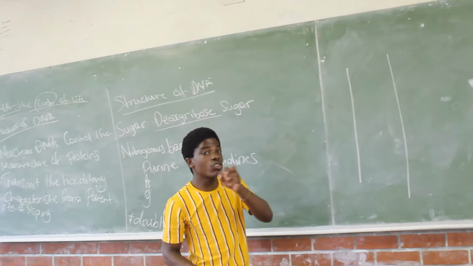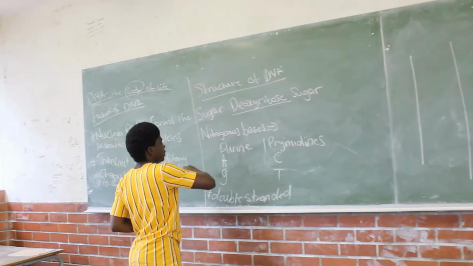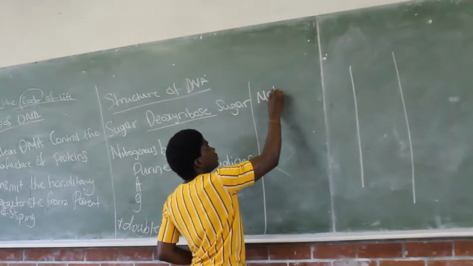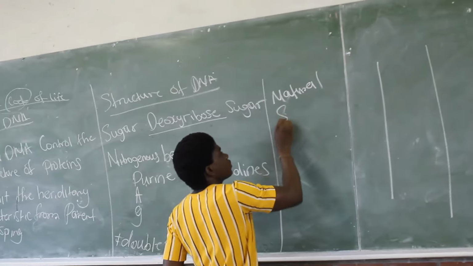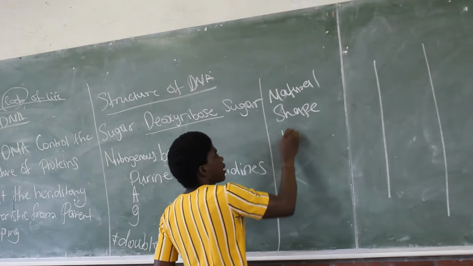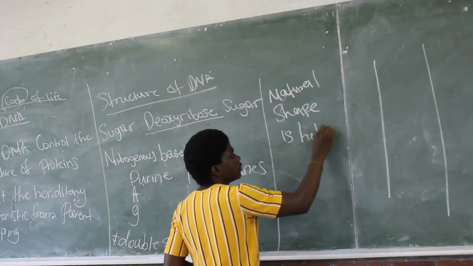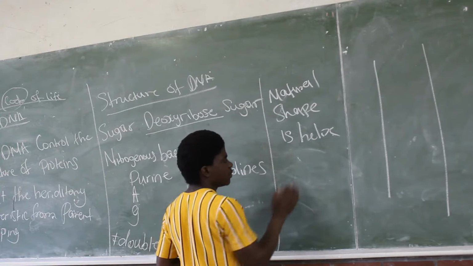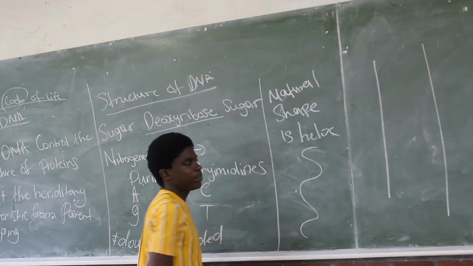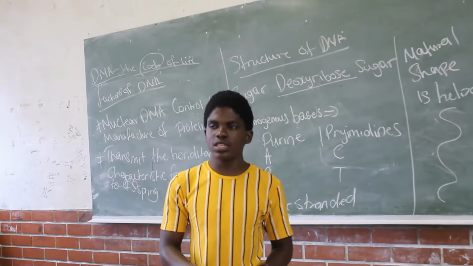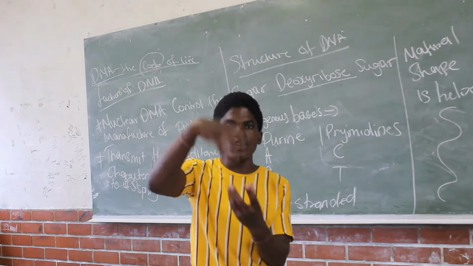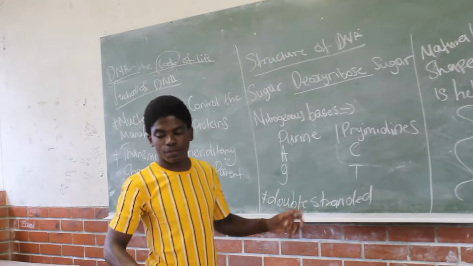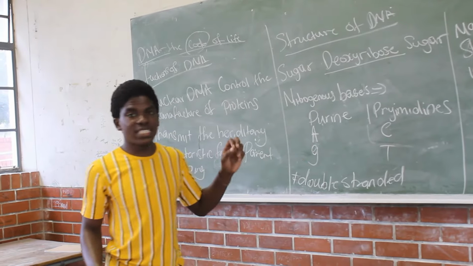And its natural shape is a helix. When you're talking about a helix, I'm talking about something that is like a spring, like the one on your bed. That is how it is shaped. So it is a double helix.